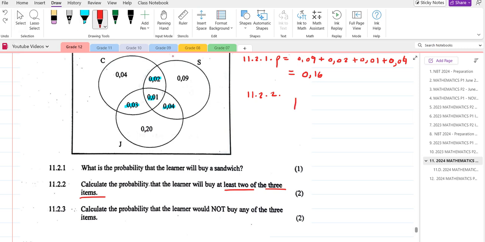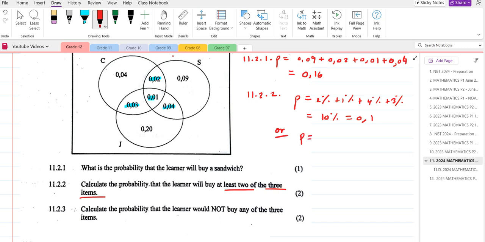The first way: probability is equal to 2% plus 1% plus 4% plus 3%. So you got 1, 2, 3, 4. That's going to be 10%, which is equal to 0,1. Or you can also work it out like this. What if you combine these two?